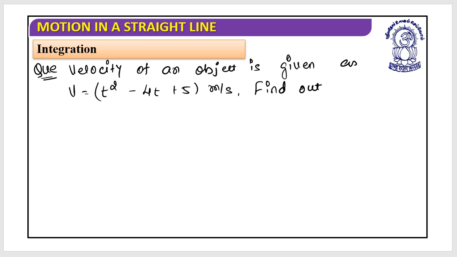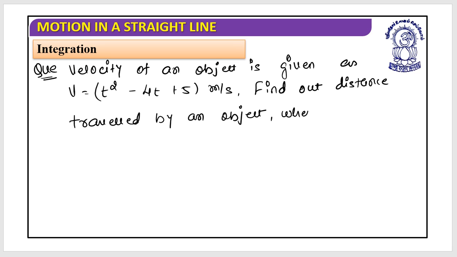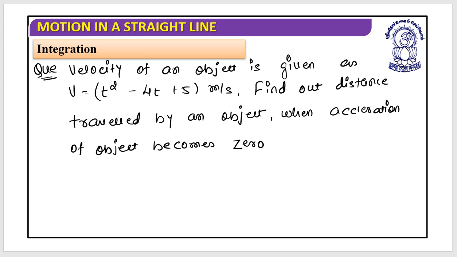Find out the distance traveled by the object when the acceleration of the object becomes 0 for the first time.